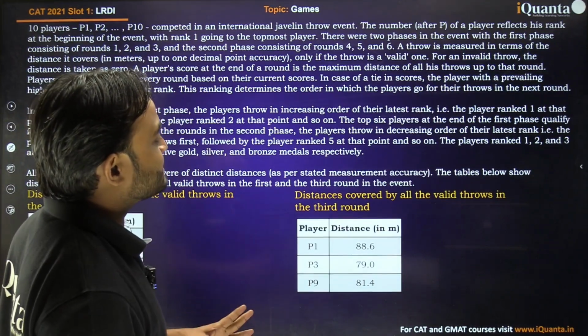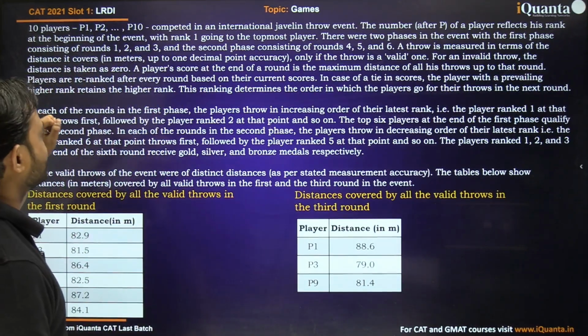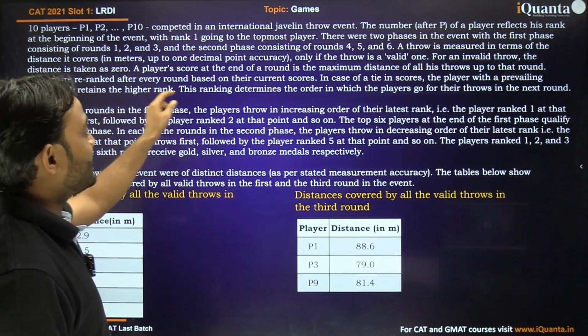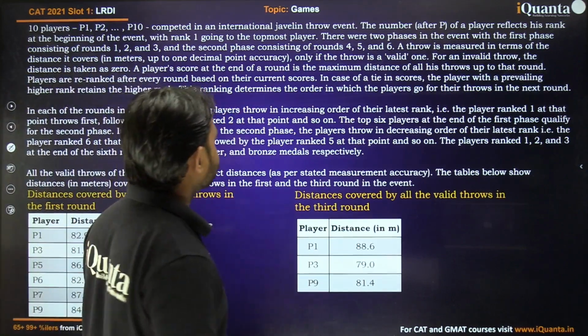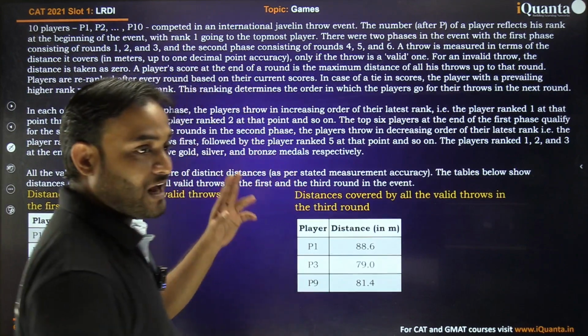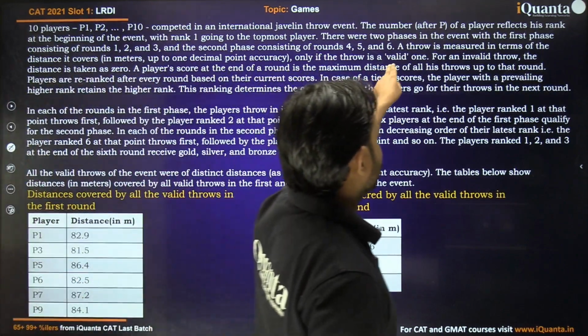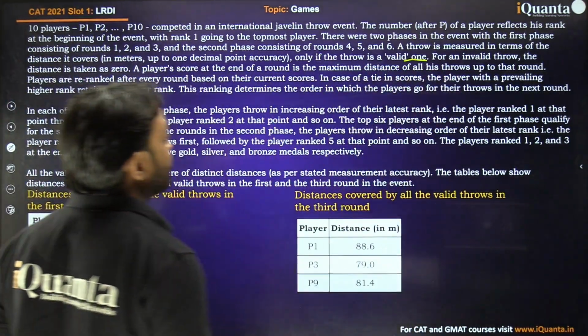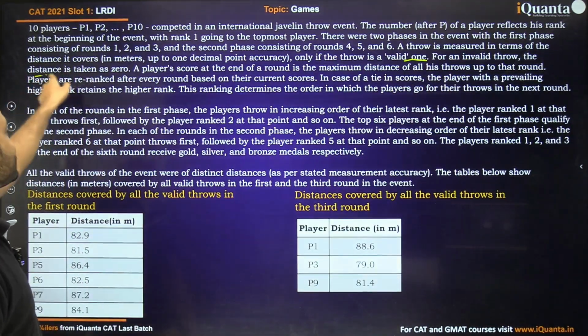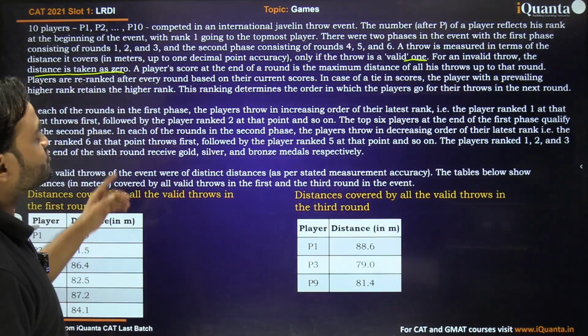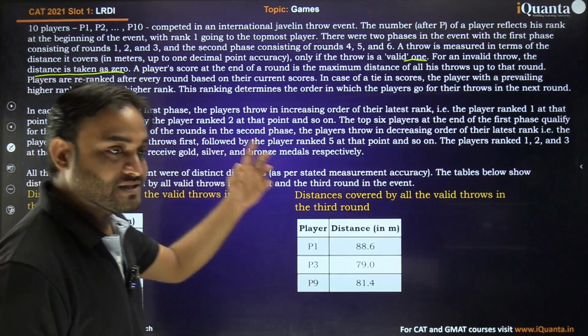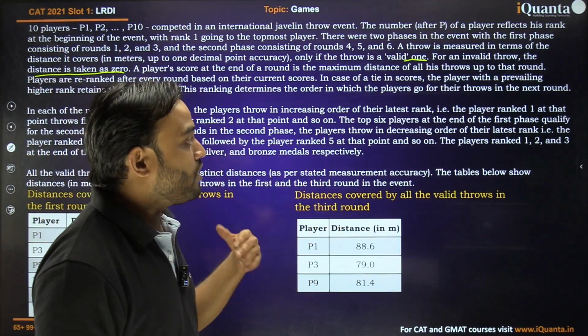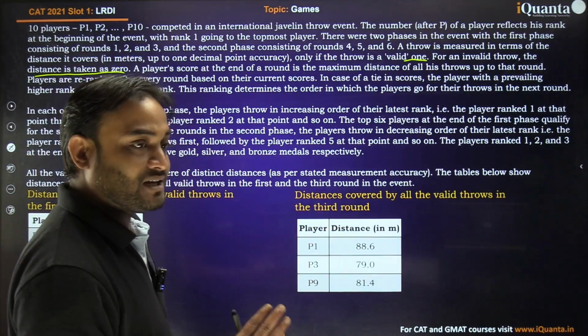The throw is measured in terms of distance it covers in meters up to 1 decimal point accuracy. Only if a throw is valid. For an invalid throw, the distance is taken as 0. A player's score at the end of a round is the maximum distance of all his throws up to that round.